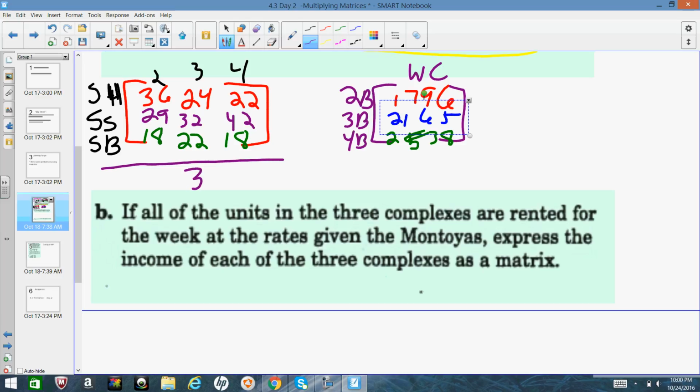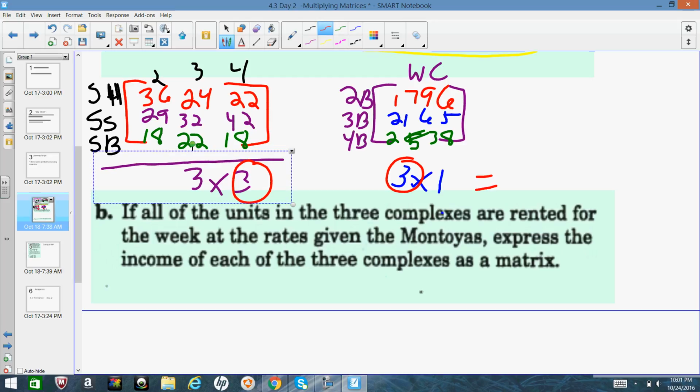And this is a 3x3. So to find our income, it's going to be availability times price. And the price matrix is going to be a 3x1. So again, because these are equal, we know we can multiply these, and we are going to get a 3x1 matrix.